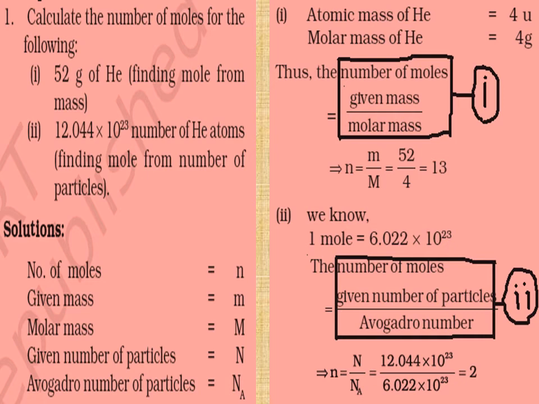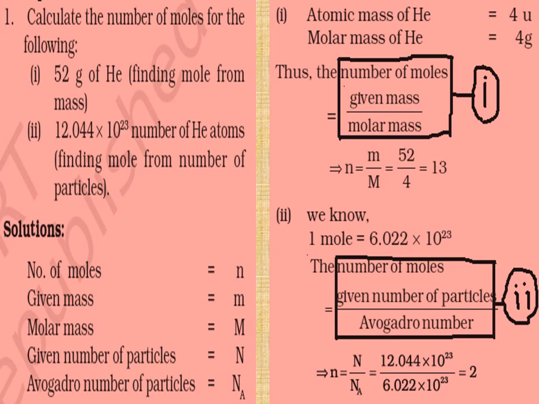As we know, number of moles is small n, given mass is small m, molar mass is capital M, given number of particles is N, and Avogadro's number is N A. For question 1, the atomic mass of helium is 4 units, so the molar mass of helium is 4 grams, because for mass we write grams. First we write the formula: number of moles equals given mass divided by molar mass.